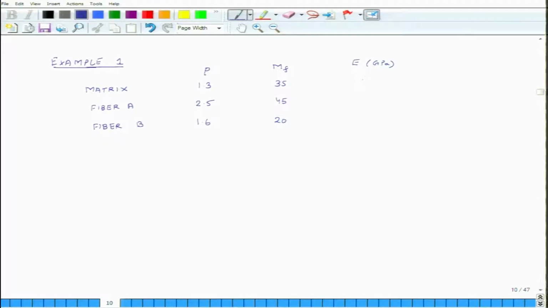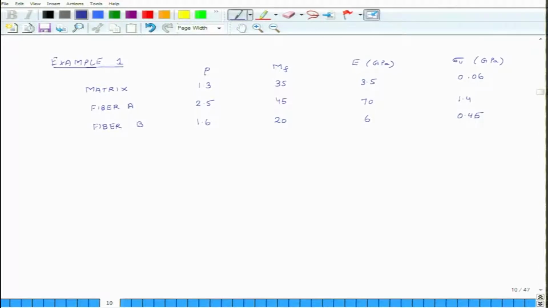So, Young's modulus for matrix is 3.5 GPa, for fiber A is 70 GPa and fiber B is 6 GPa. And finally, the strength of each of the materials is, oh, excuse me, this is also given in GPa. So, this is 0.06, 1.4 and this is 0.45.